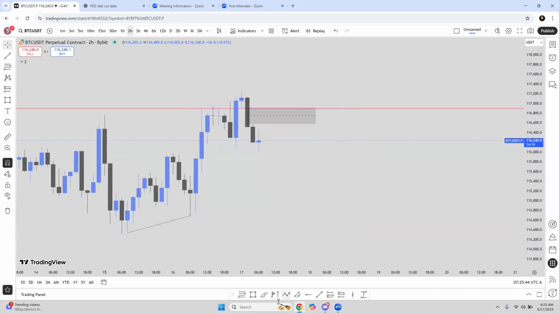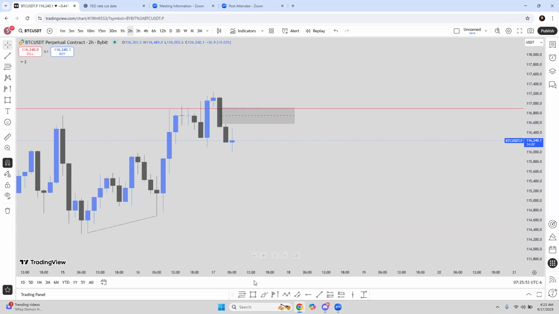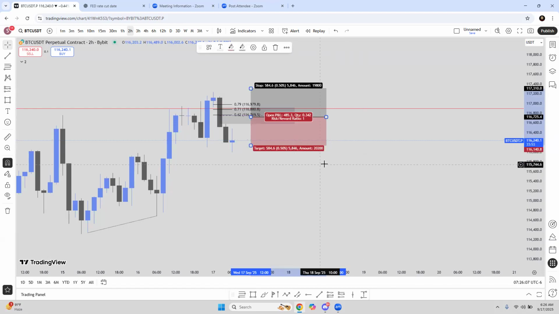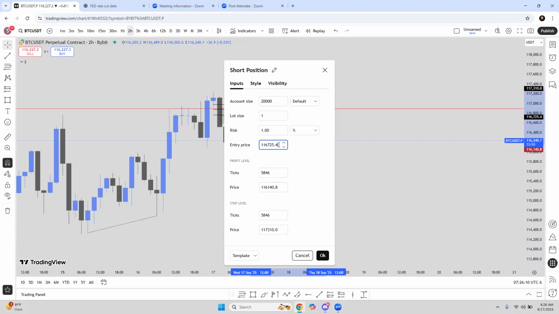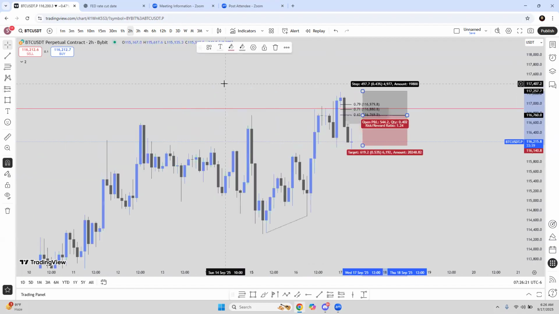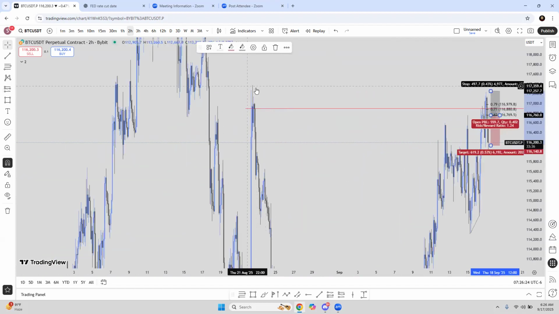Remove, give you exact. 7,116 and 760. And the stop loss, I will place stop loss above this high.